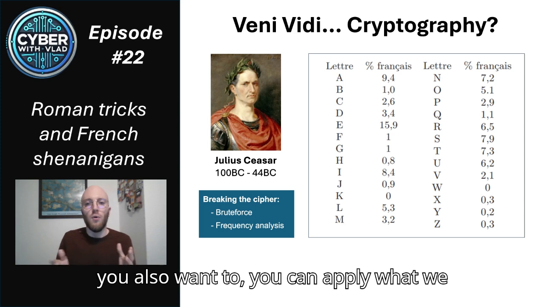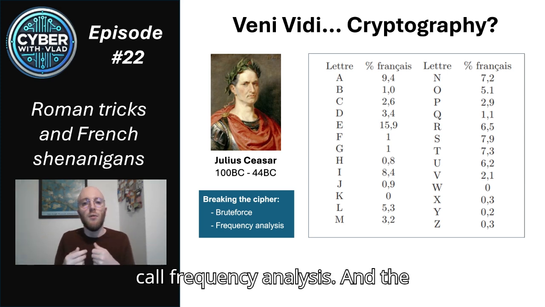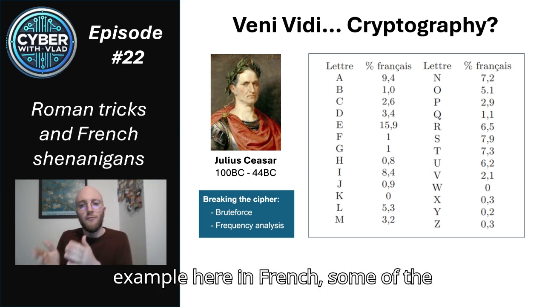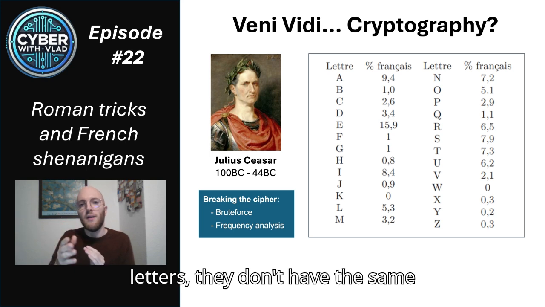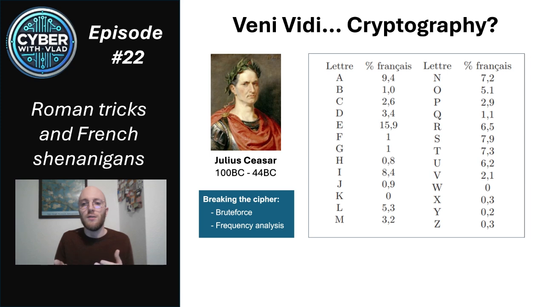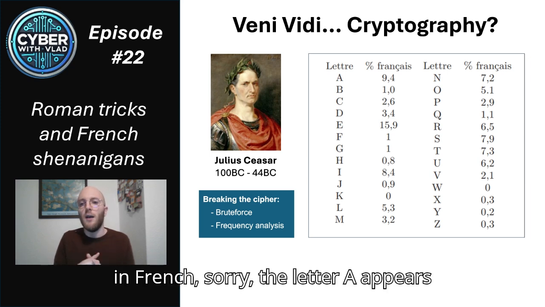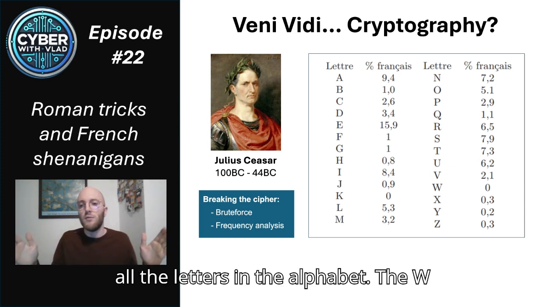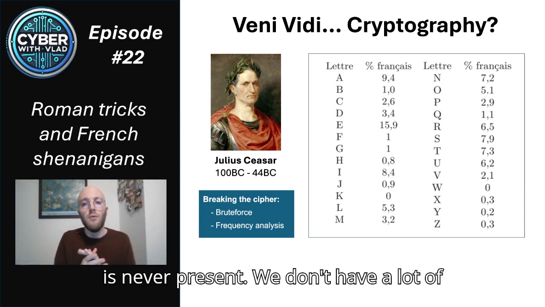Or if you also want to, you can apply what we call frequency analysis. The idea is that in a given language, for example here in French, some of the letters don't have the same frequency of appearance. So in French, the letter A appears approximately 9% of the time out of all the letters in the alphabet. The W is never present.